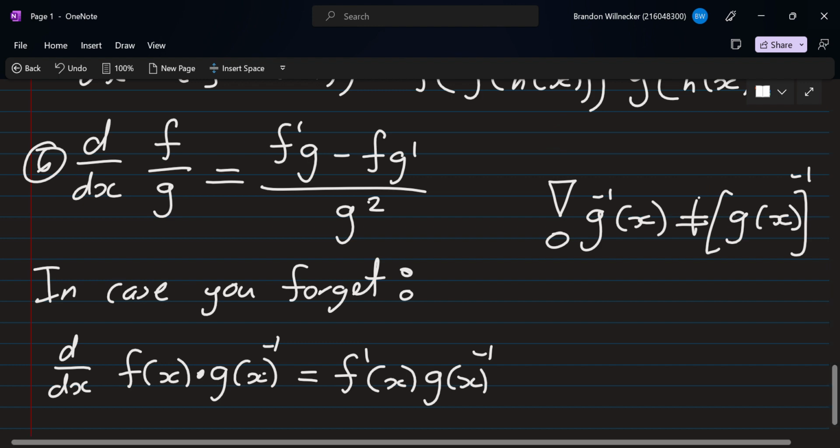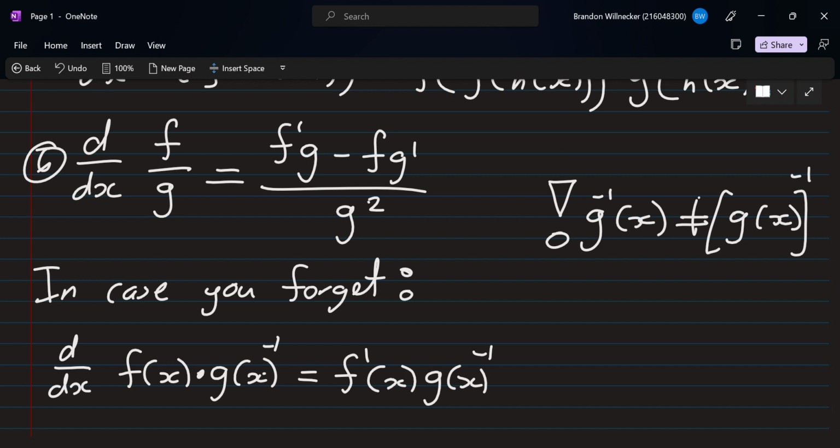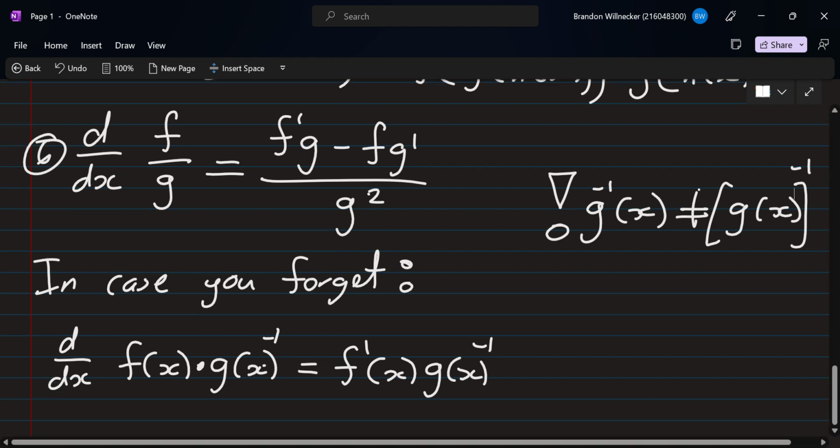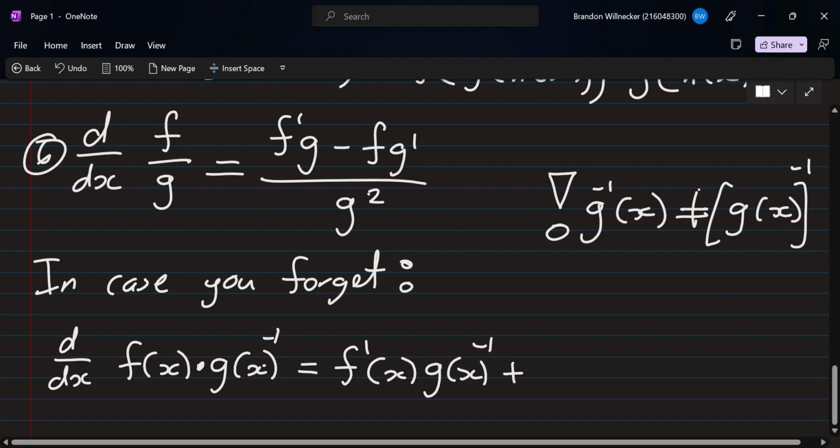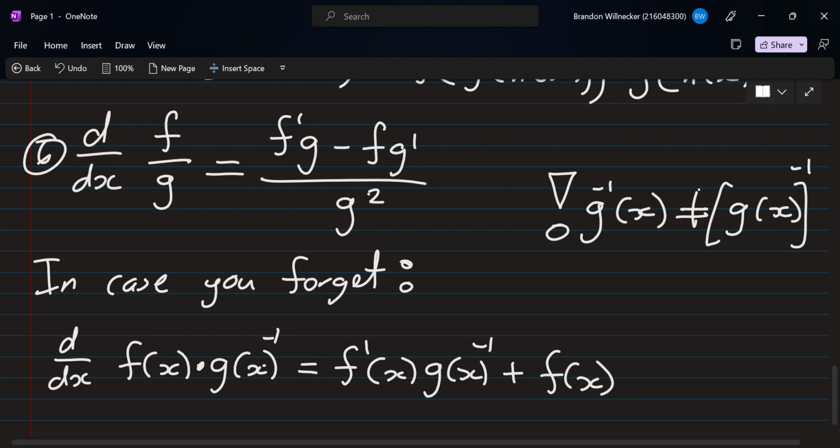For an inverse, we write the exponent minus 1 on the function like this. On the left-hand side, that's an inverse function. We know how that works. On the right, that exponent is just saying that the function belongs in the denominator. So please don't mix those up, especially in the next section where we look at inverses and derivatives of inverses. Then plus, we leave the first function alone, and then we differentiate the second.